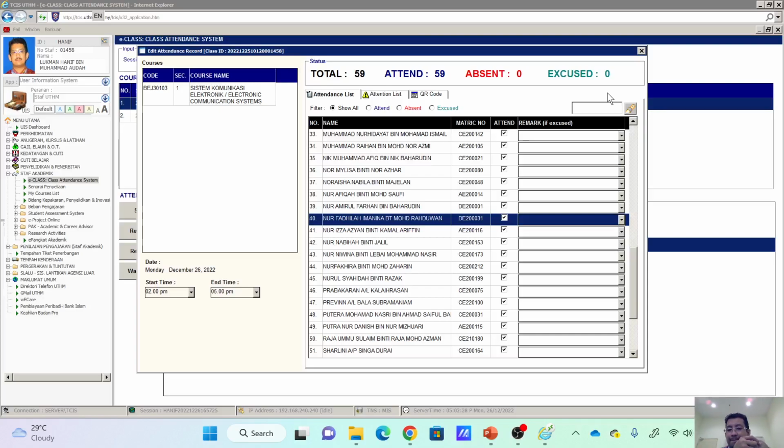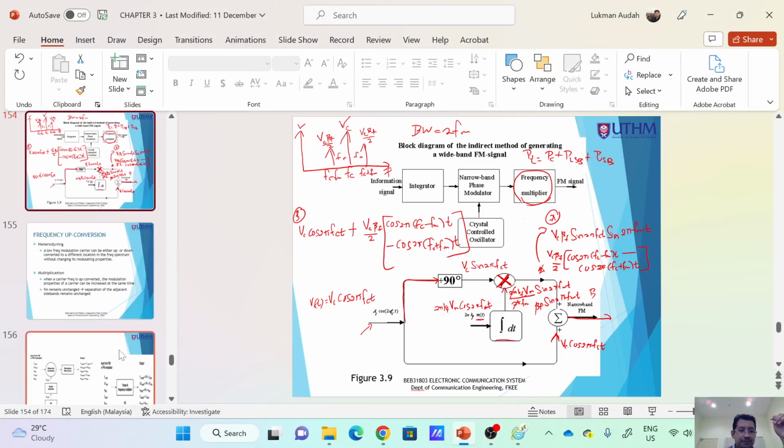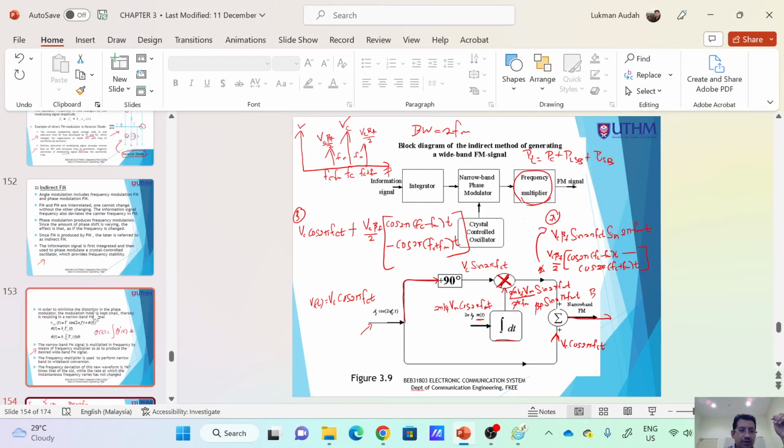Yang untuk receiver tu, Doktor, macam mana? Kiranya dia receive signal tu dekat komponen tu ke, dari phone ke speaker ke macam mana? Okay, sekejap. Mungkin saya lukis sikit.